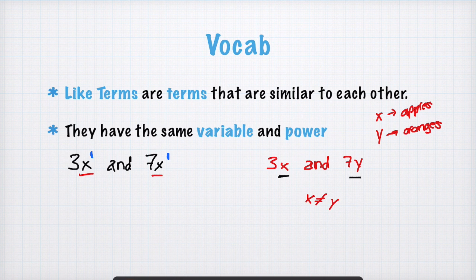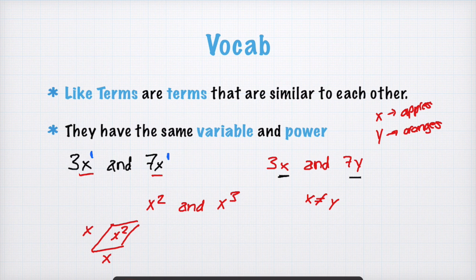Another good example here, and we're going to do this for the power, is that x squared and x cubed are not like terms. And there's a good reason for that. If you were to draw out how you multiply these things, you'd put an x on one side and an x on another. And so when you multiply them out, you get x squared, and you get a nice little square.